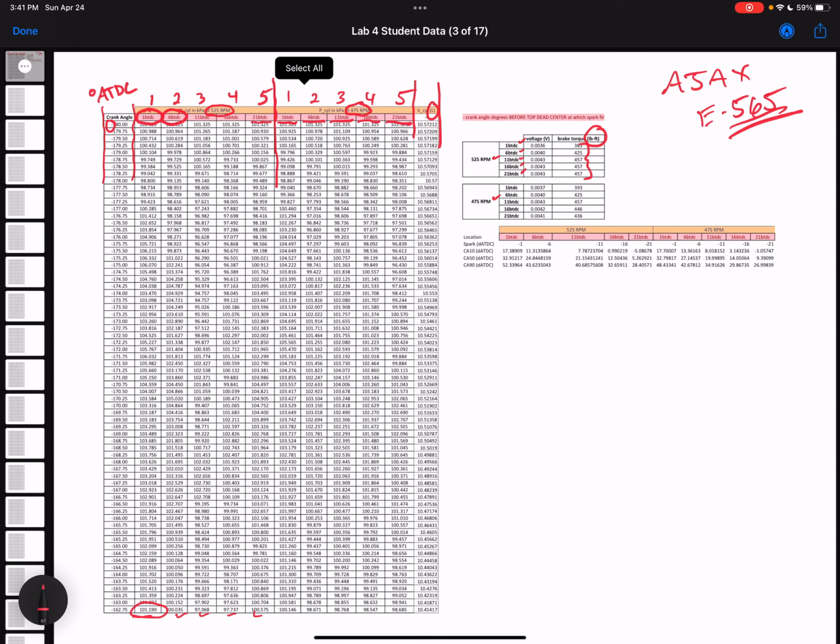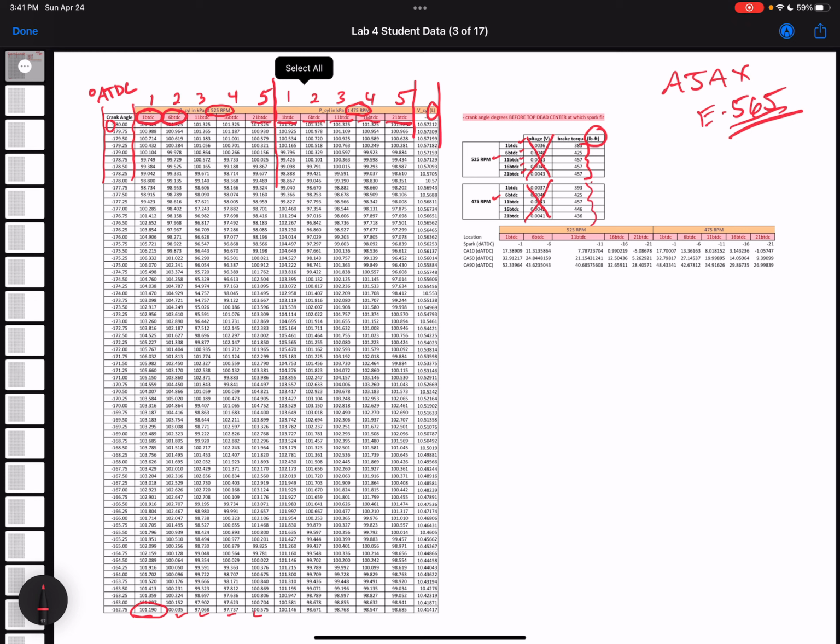If you do any kind of calculation or reporting, such as brake mean effective pressure, though you're not asked to, make sure that you note that this is in foot-pounds, okay? You can ignore this voltage column here. This is what we actually measure, the voltage from the strain gauge, and then we apply a calibration factor to that voltage to get the brake torque that's being reported to you in this column.